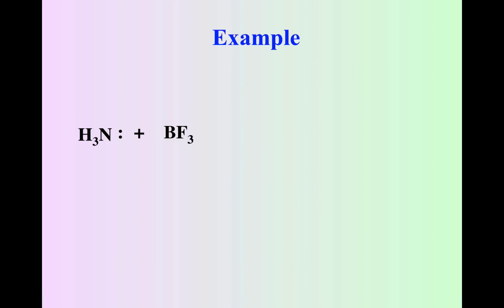So the classic example is ammonia reacting with boron trifluoride. As we know, when you do the Lewis dot structure for boron trifluoride, you have to break the octet rule for boron because fluorine can't double bond. So you have an incomplete octet for boron. So if ammonia comes along, it donates an electron pair to form a bond with the boron.